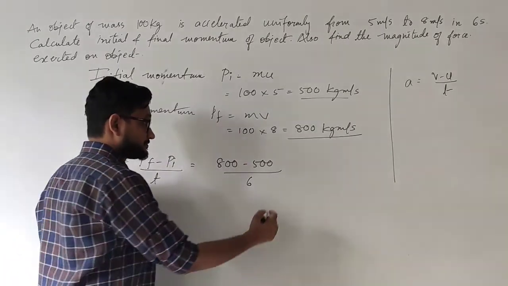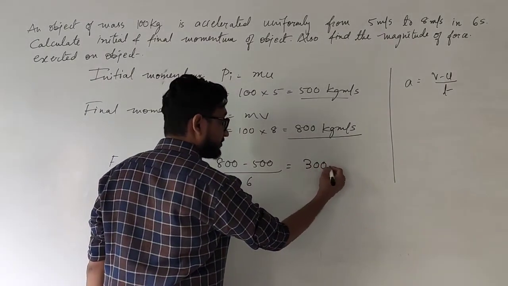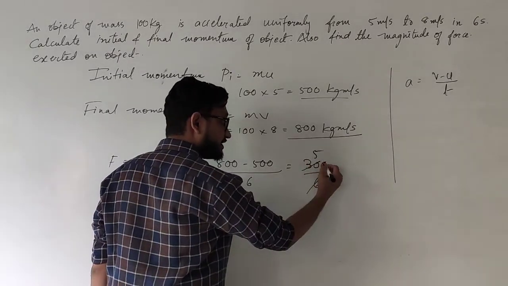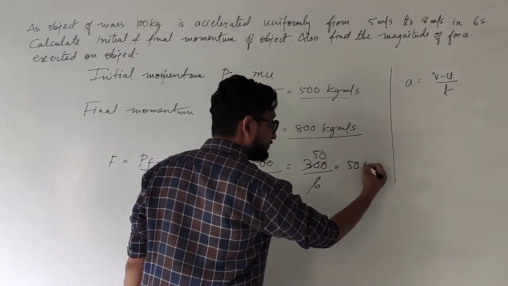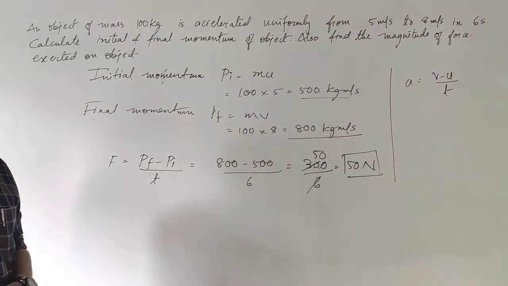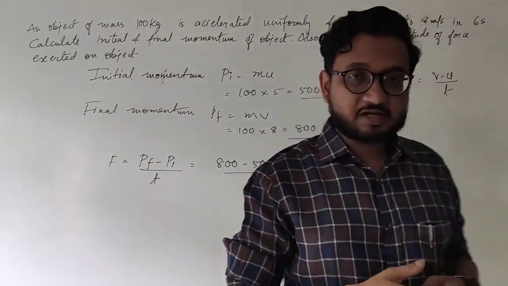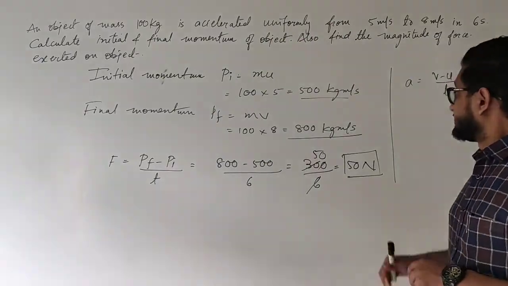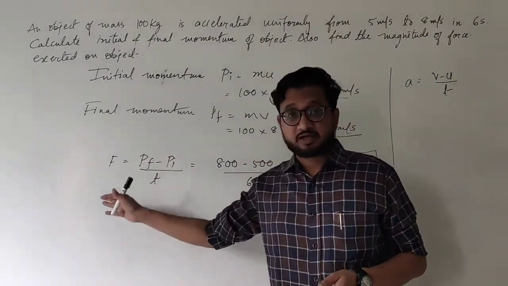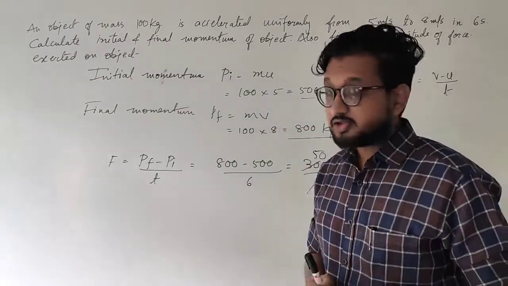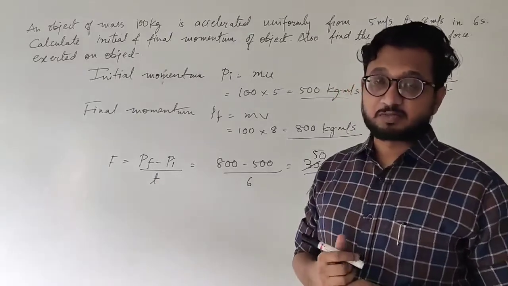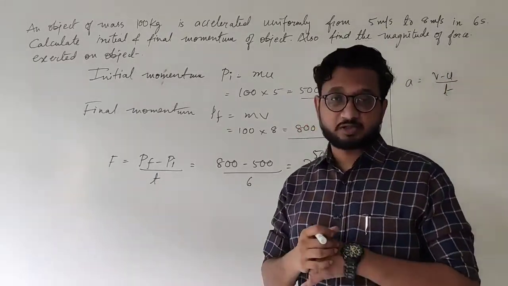So this becomes 300 upon 6. Simplifying this, 6 5s are 30, so it becomes 50 newtons. So your answer is simple, 50 newtons by applying the second law of motion. Instead of finding the acceleration and substituting that in the formula of force, you can directly use the second law of motion and apply this formula. I hope it is clear to you, students.